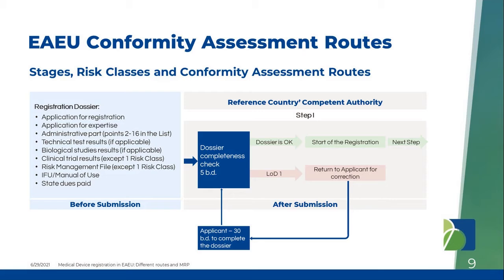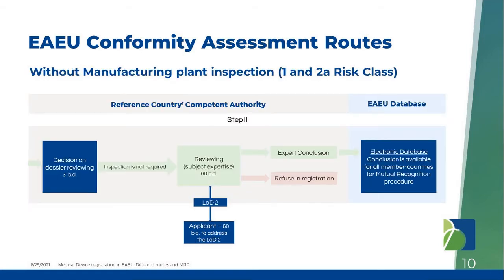If the dossier is okay, it will be sent to the next step, and it is the moment when the registration will start. If there are some questions, you will get a letter of deficiency, and in this case, you will have 30 business days to answer the questions and complete the dossier and submit your explanation again.